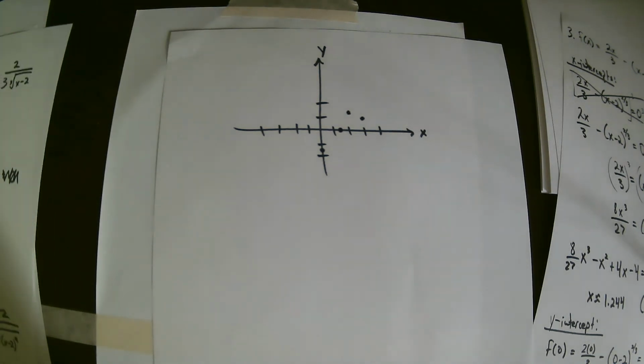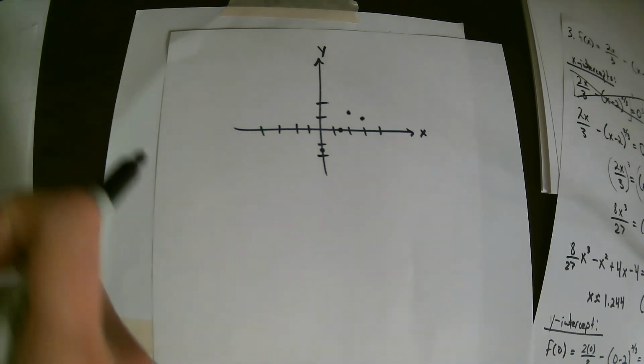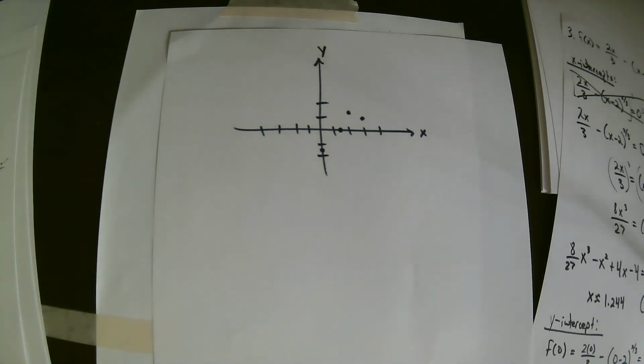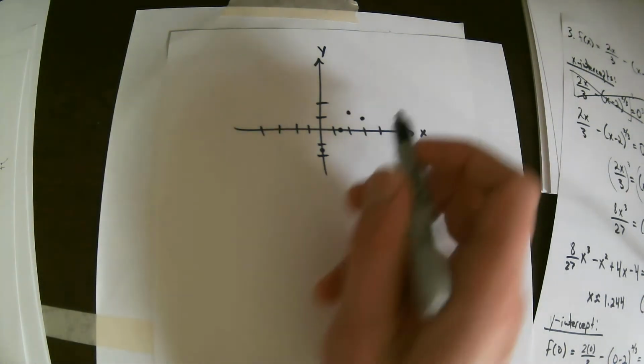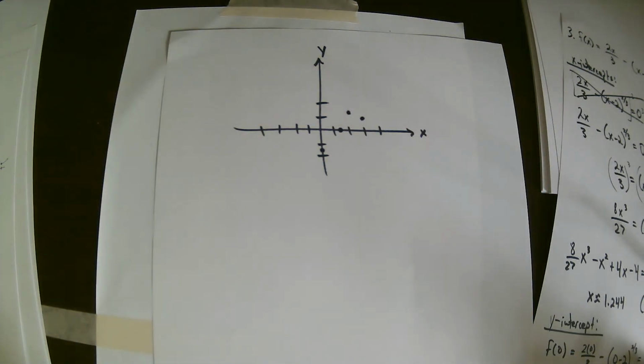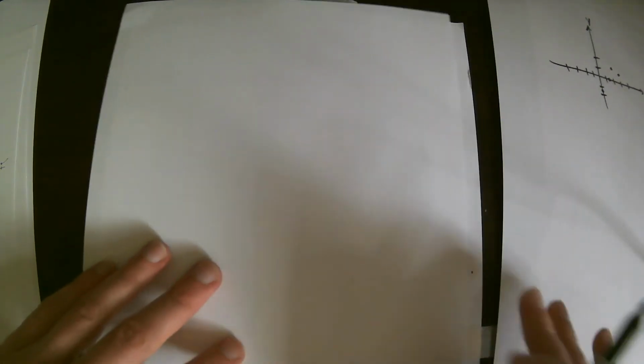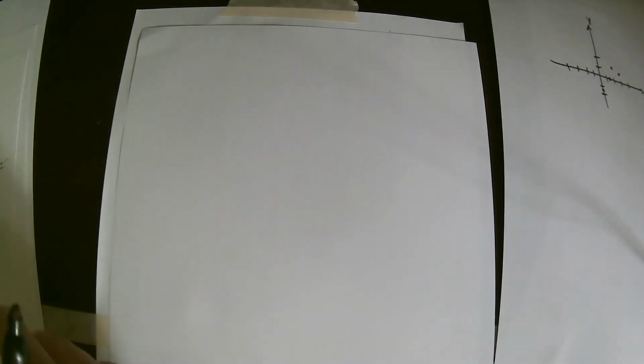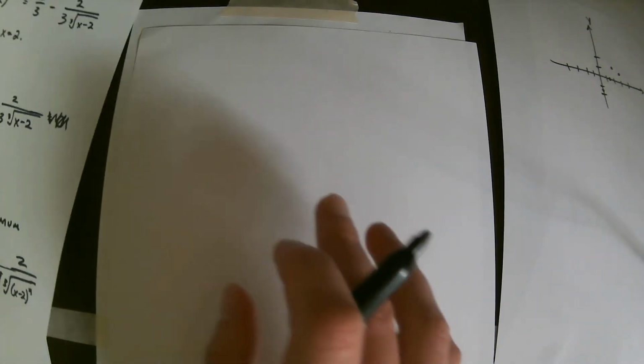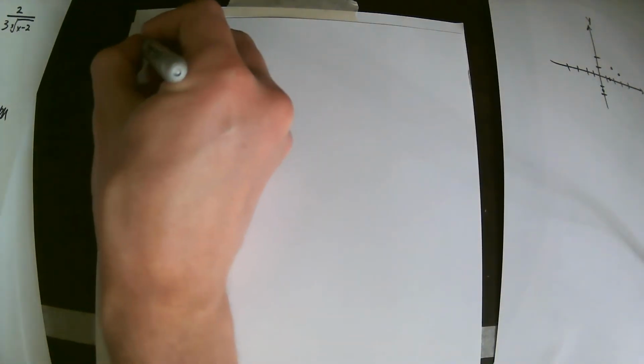But I think if we figure out what's going on with the points of inflection, we might be able to see what's going on here with this graph, with what's going on in between. I'm trying not to have to do a bunch of test points around, because test points are annoying, so let's see if we can get away with not doing test points.